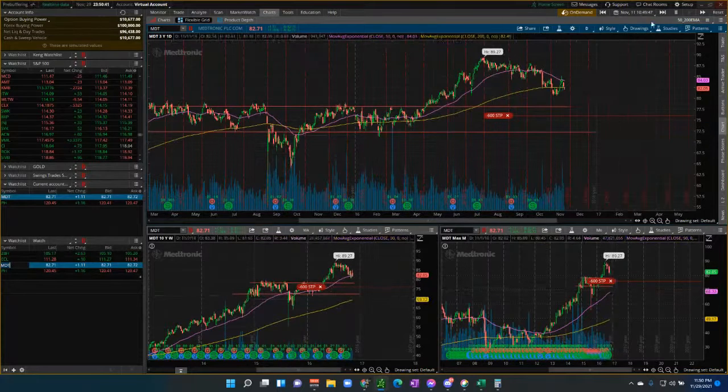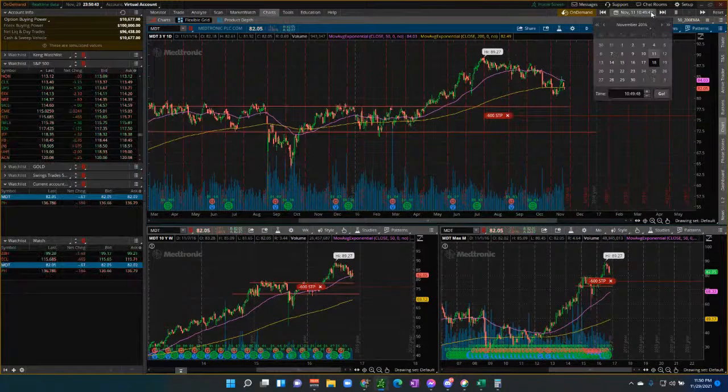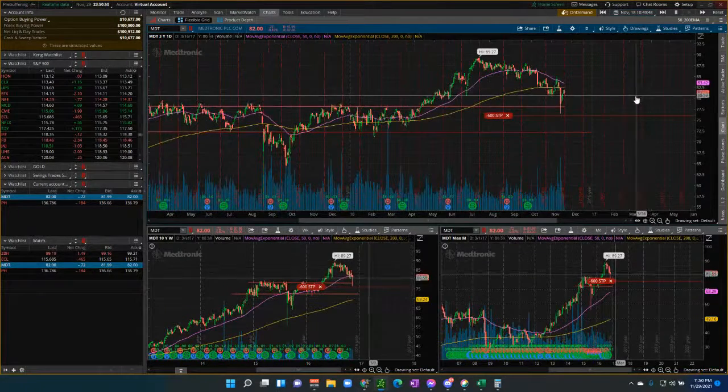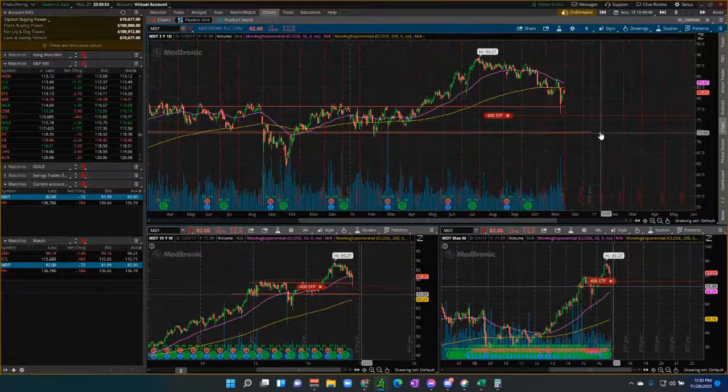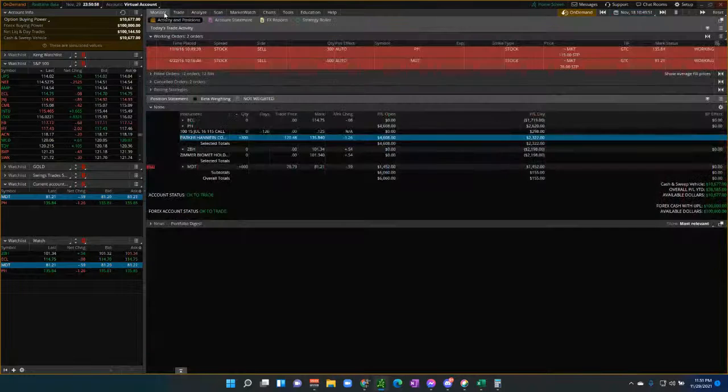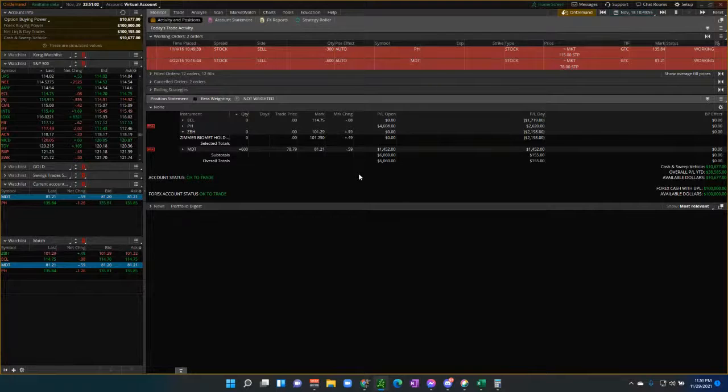MTD is coming back up. Exciting again. MTD fell. Bounced back up and fell. PH is going crazy. $4,000. So we definitely saw that gap.